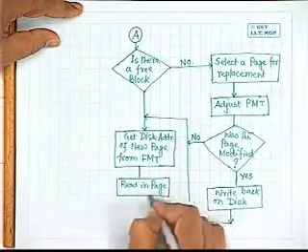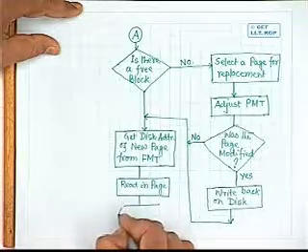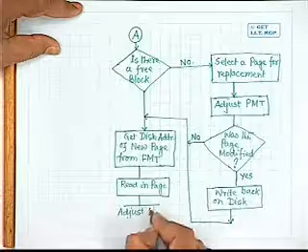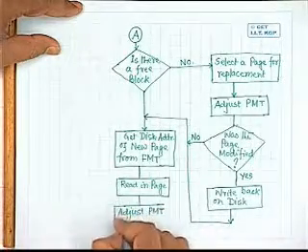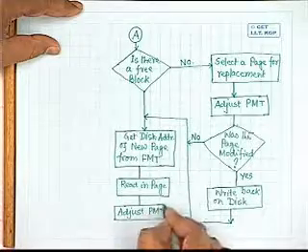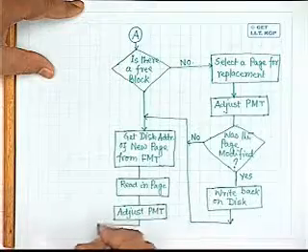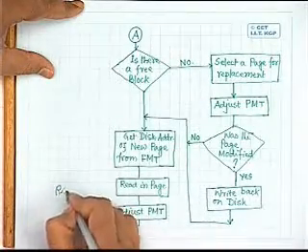Once the page is read in, the corresponding page map table has to be adjusted. And after that, you have to restart the interrupted instruction.